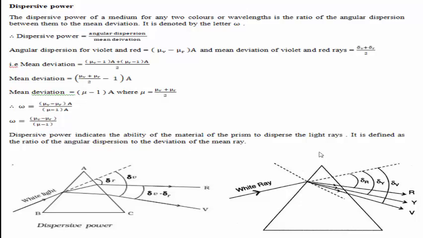So the remaining answer for the dispersive power, that is omega, is equal to the refractive index of violet minus the refractive index of red whole divided by the refractive index minus 1. Dispersive power also indicates the ability of the material of the prism to disperse the light rays. It is defined as the ratio of the angular dispersion to the deviation of the mean ray.